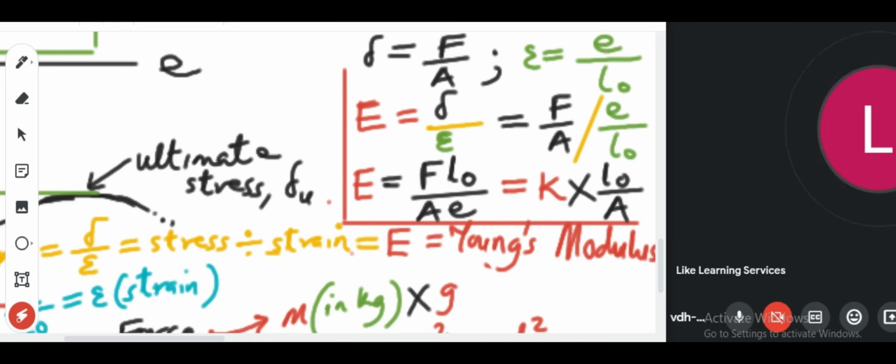Hooke's law states that F is equal to k e. So k is equal to F over e. So Young's modulus is also this spring constant times original length over cross-sectional area. So if you can find a spring constant of a material and multiply it by the original length divided by its cross-sectional area, that gives us the Young modulus of the material.